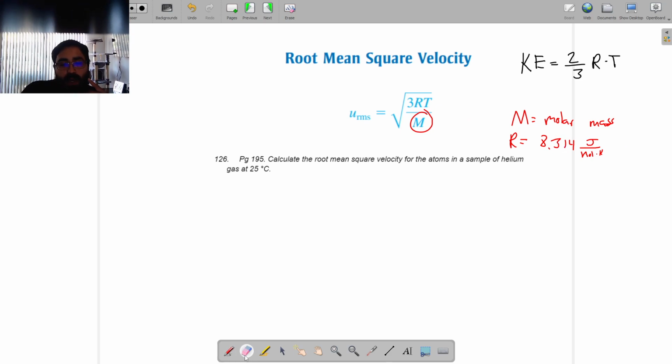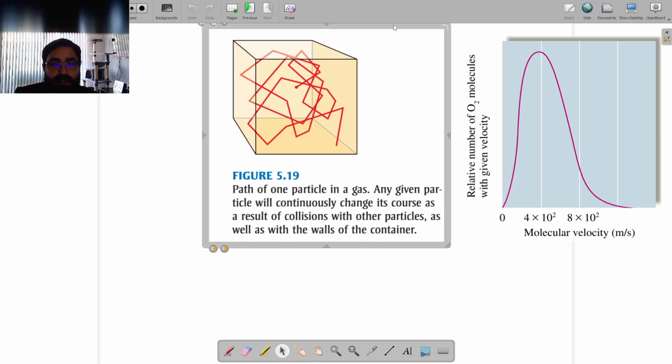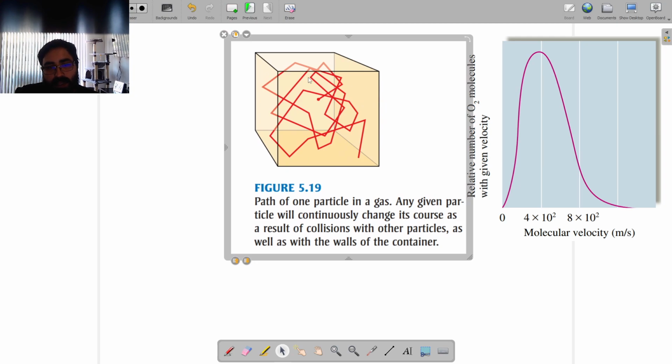Now, why do we use what's called a root mean square velocity? Well, the assumption was that all gas particles are constantly in motion, that they don't lose energy, but in practice, gases are actually moving differently. If you take a look at this little diagram, figure 5.119, this is just a sample of what the path would look like for a single gas particle.